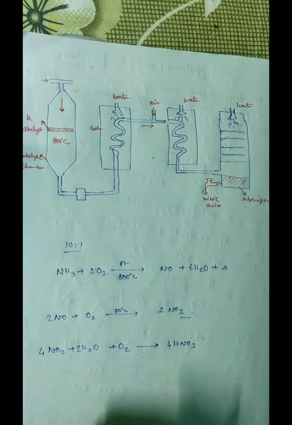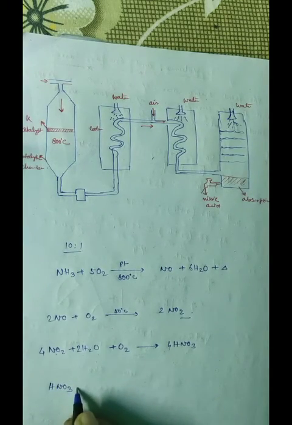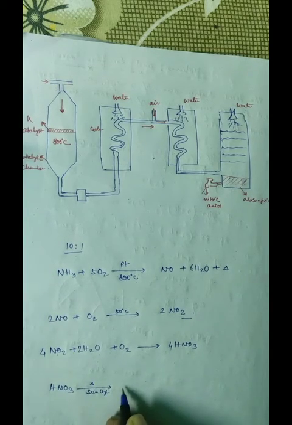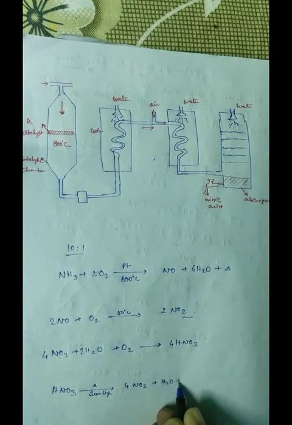Pure nitric acid is unstable to heat or sunlight. It decomposes to give a yellow solution due to formation of nitrogen dioxide. So this is the reaction: nitric acid on being heated or in the presence of sunlight will give nitrogen dioxide plus water plus oxygen.